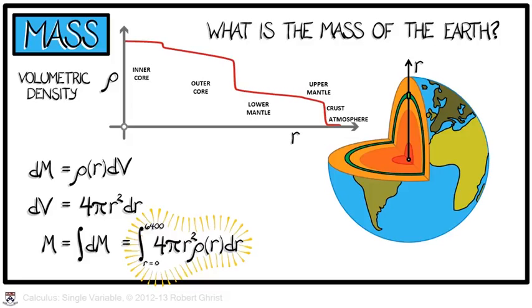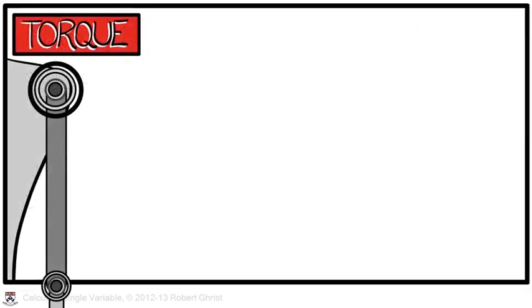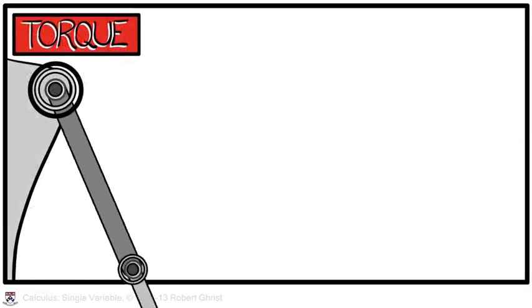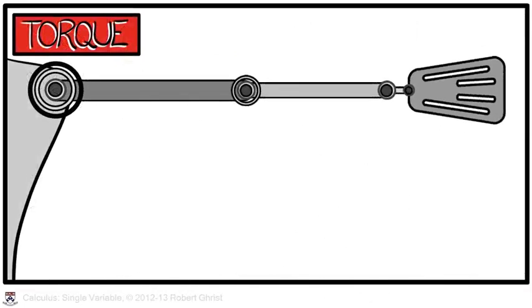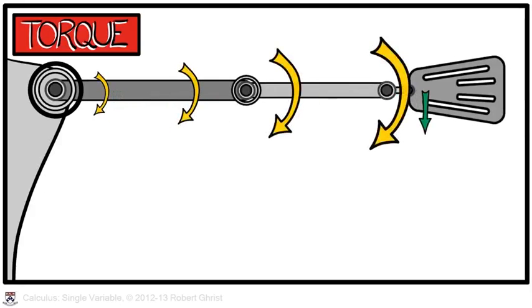Let's switch to a different topic, that of torque, which you've certainly experienced, even if you've never learned it formally. If you extend your arm and apply a force or a weight to it, you feel torque about your shoulder. The magnitude of that torque depends on the magnitude of the force and the distance from that force to your shoulder.